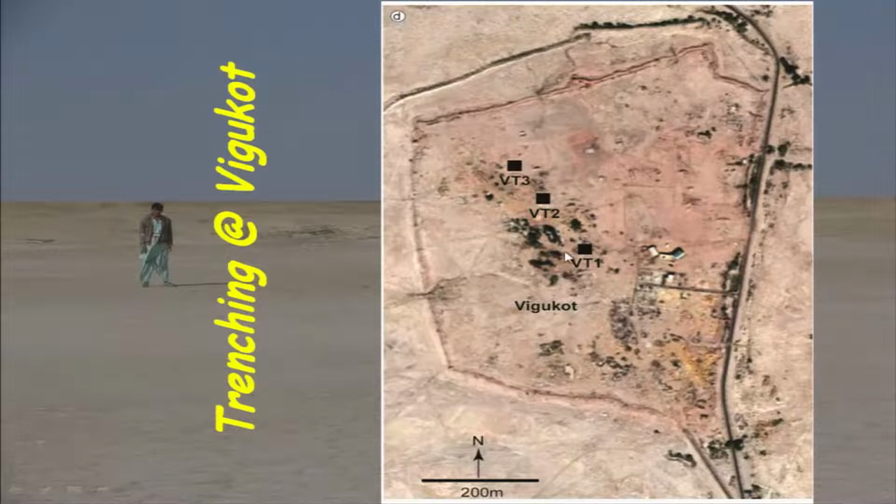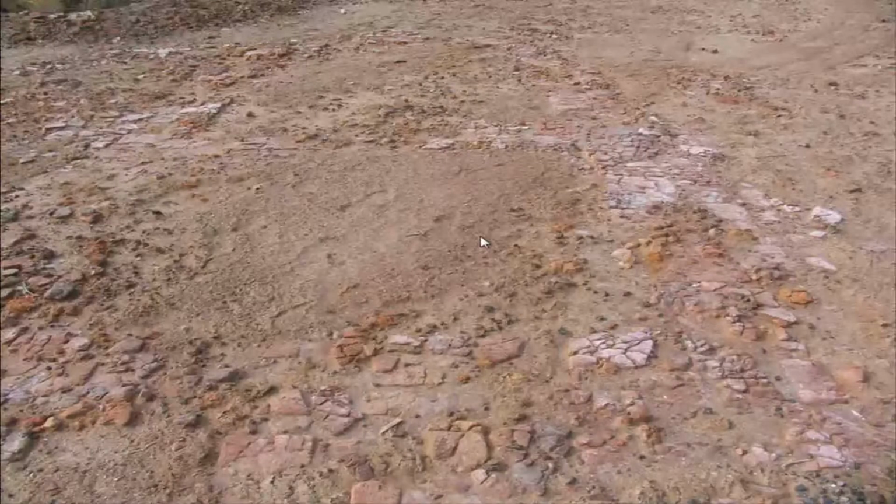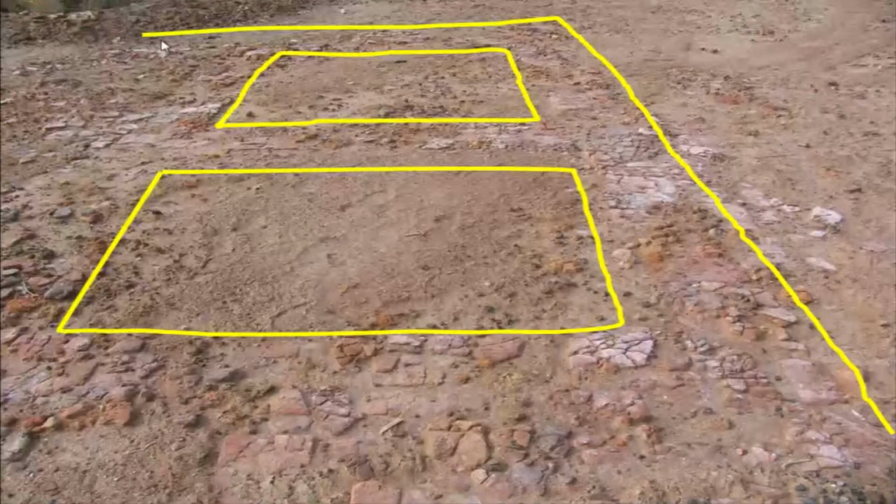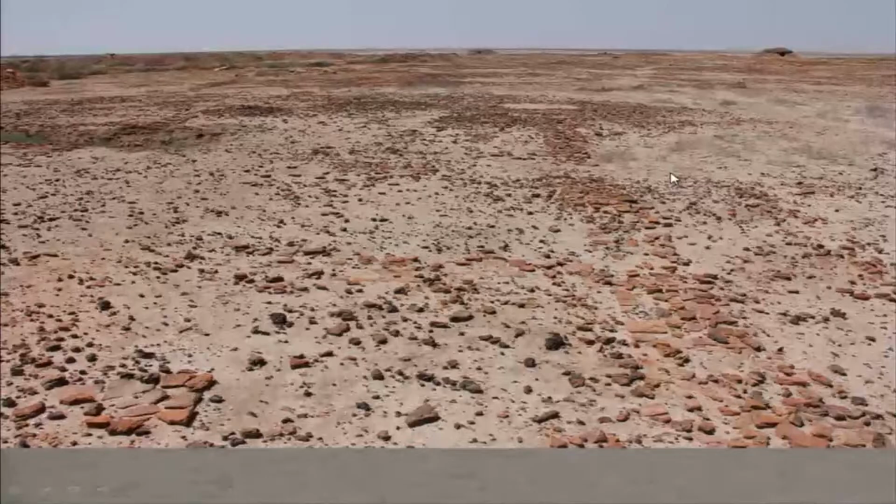So we excavated a couple of trenches in this region to look at the signatures of past earthquakes. On the surface what we see is this type of foundations which still exist, and again a north-south and east-west orientation of the walls, a well-planned city again.